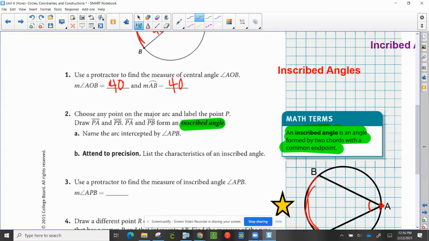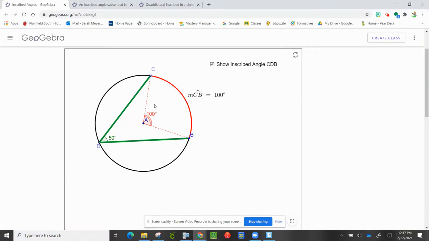I have a website where we're going to look at this. So here we have angle CDB and the arc that it's opening up onto, where your two endpoints meet, so this arc CB. So let's look at the angle here, our inscribed angle, and compare it to our arc. So we have a 50-degree angle, 100-degree arc. Now let's say I change this angle a little bit.